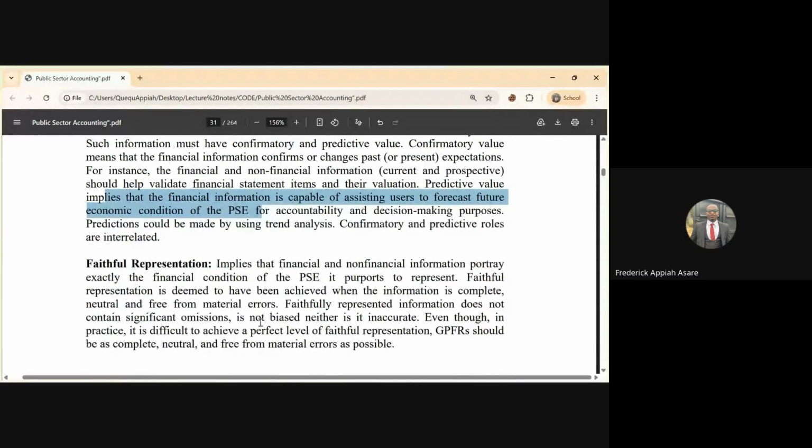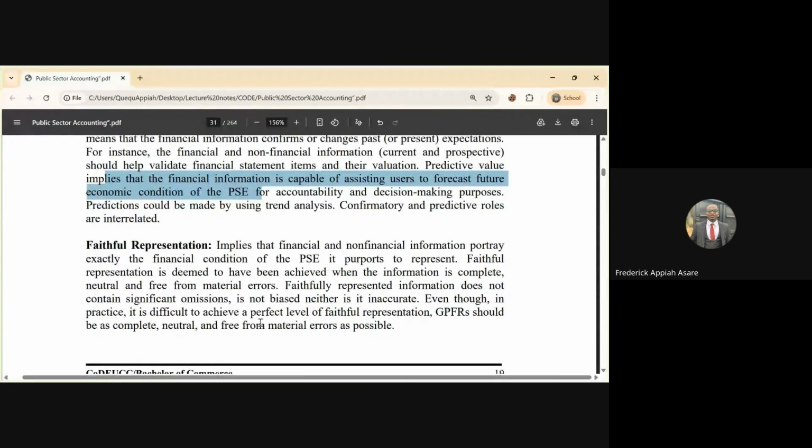Then the second qualitative characteristic is faithful representation. Faithful representation has three things that come together to form it. The information has to be complete.